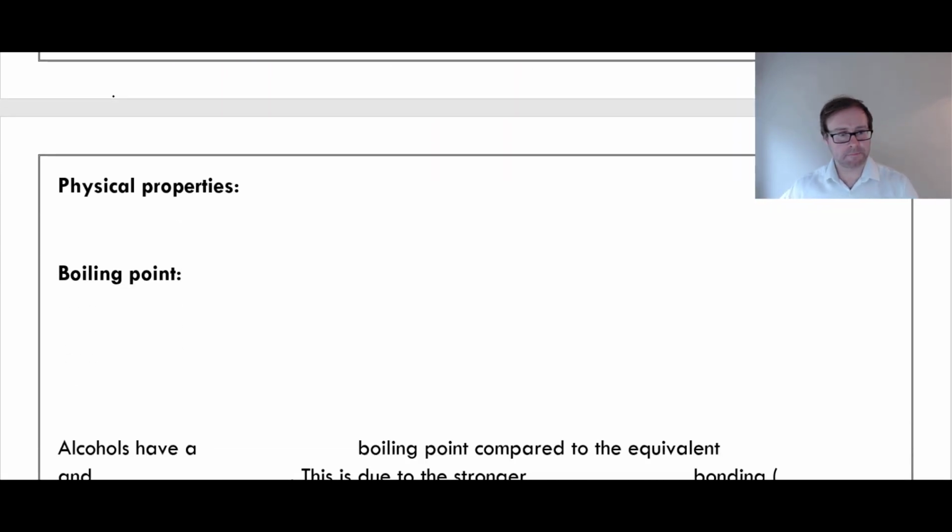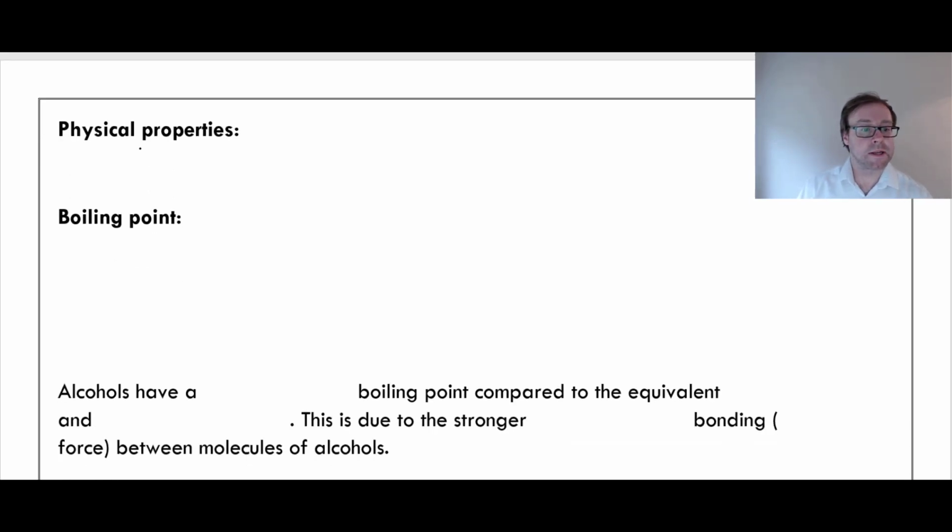Physical properties. Okay, so boiling point. We'll fill this bit in and then we'll go back and draw the diagram. So alcohols have a high boiling point compared to the equivalent alkanes and alkenes.